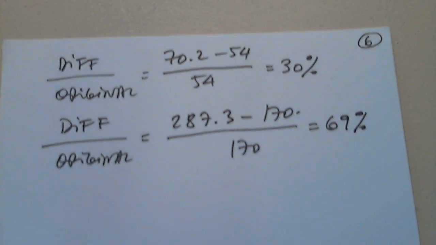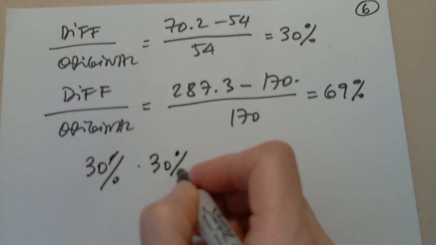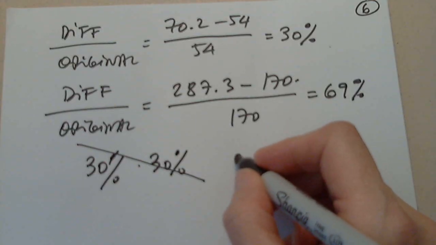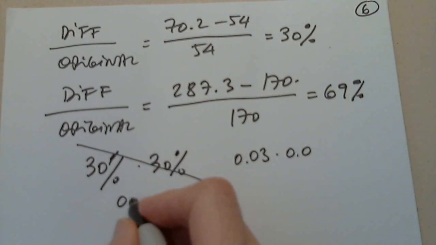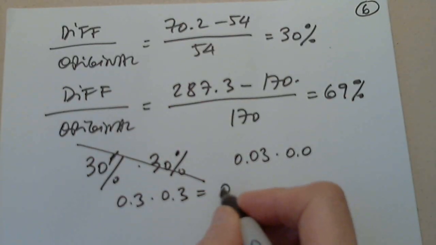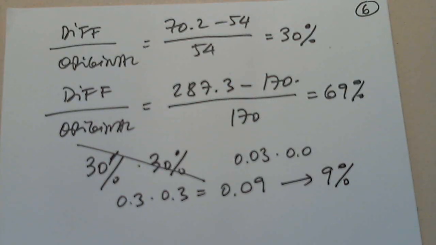Let me explain this before we look. So when we multiply 30% by 30%, which is not possible, right? So 0.3 times 0.3, which is 0.09, which changes into 9%. So careful with that.